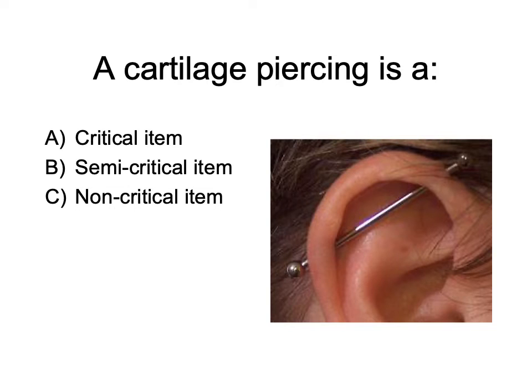You are piercing the cartilage. You are creating a portal of entry for microbes into that cartilage area. That's often why it's very difficult for some cartilage piercings to heal, because it is a critical item and you have pierced the body tissues.